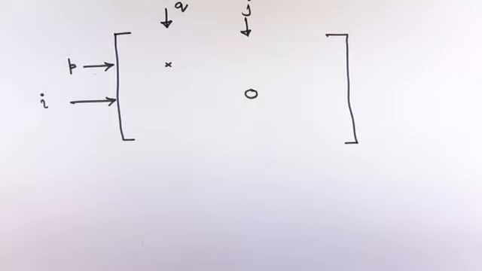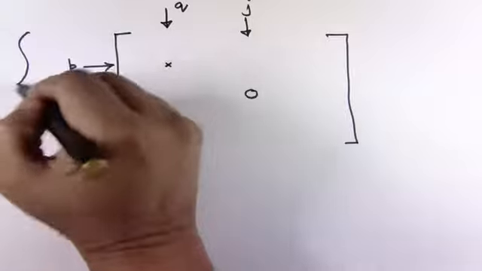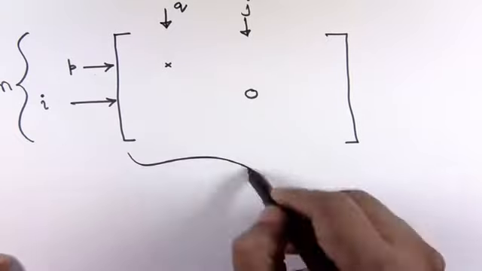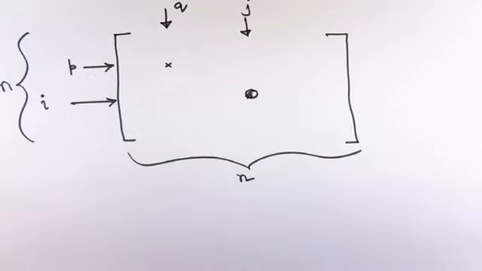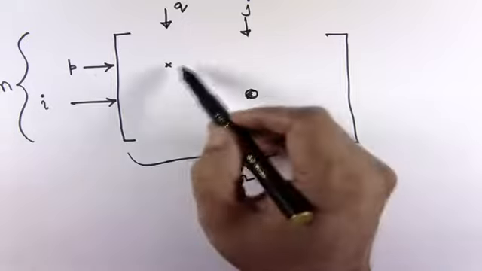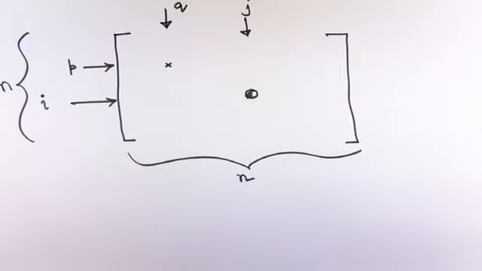So it's a configuration like this. I have an array which is n by n. This side is n, this side also is n. If I have an element here, a_ij, and another element here, a_pq, then if i is greater than p and j is greater than q, then this element is greater than this element.